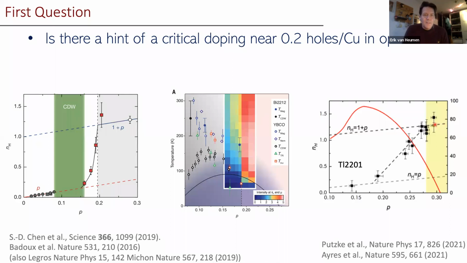And then finally, there were angle resolved photoemission experiments done in Stanford, where people looked at the antinodal direction and found that changes in the line shape were very sudden and took place around, well, a little bit lower than 0.2 holes per copper.